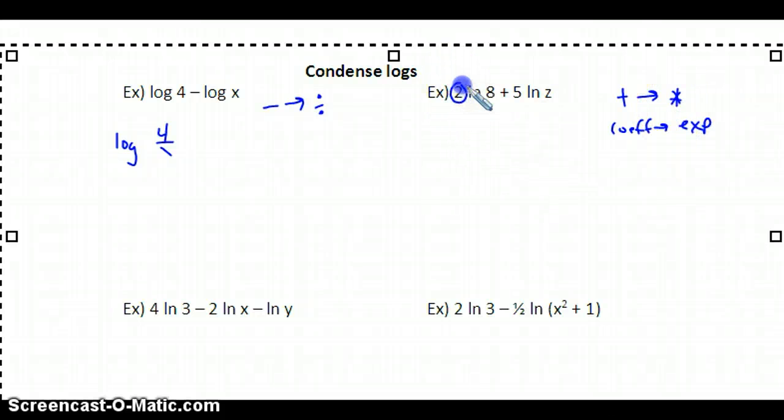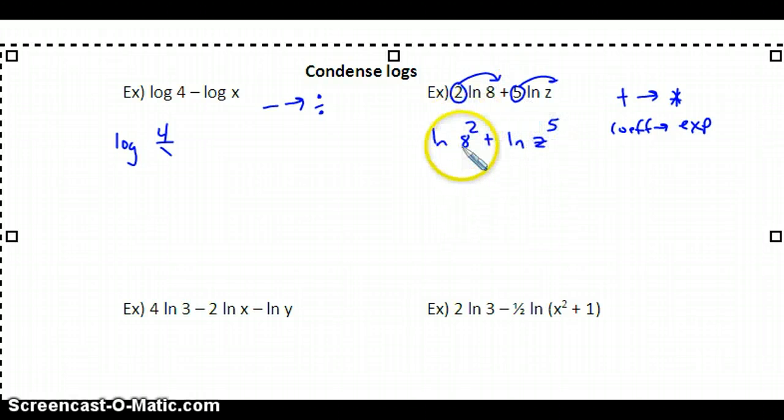So let's take these coefficients out in the front and write them as exponents. So this would be the natural log of 8 squared plus the natural log of z to the 5th. Anytime you can work with this number 8 and square it, do that. So we get the natural log of 64 plus the natural log of z to the 5th.